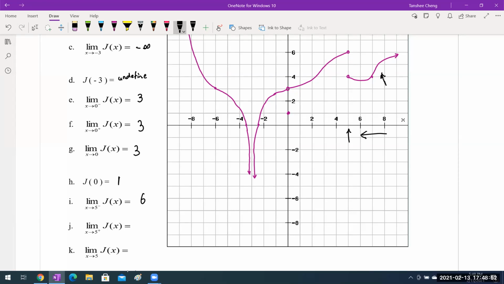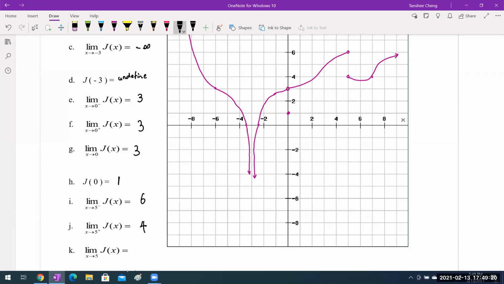And as I move x closer and closer to 5 from the right-hand side, the limit is approaching this value 4. So my limit value is 4 in this case. Again, the function value does not exist because there's a hole right there, but the limits from the left-hand side and the right-hand side do exist.